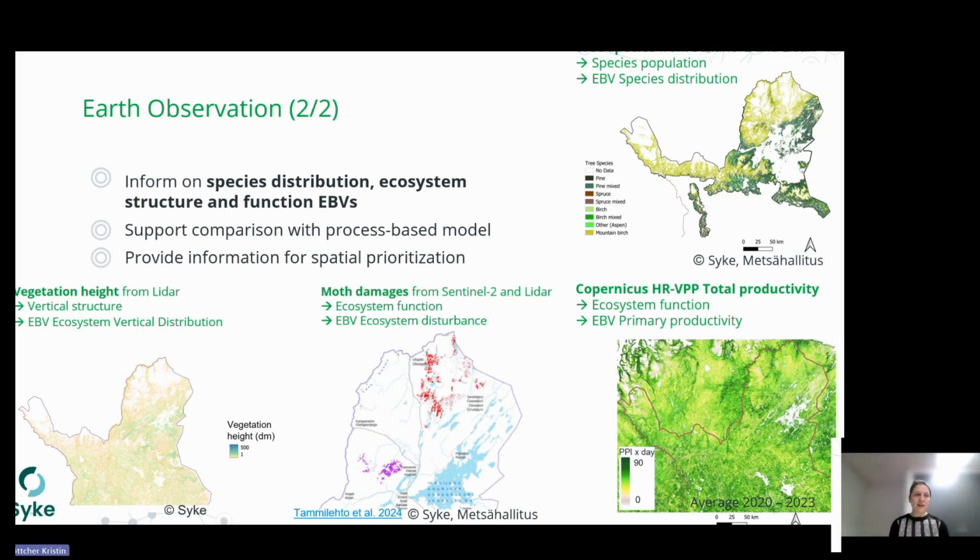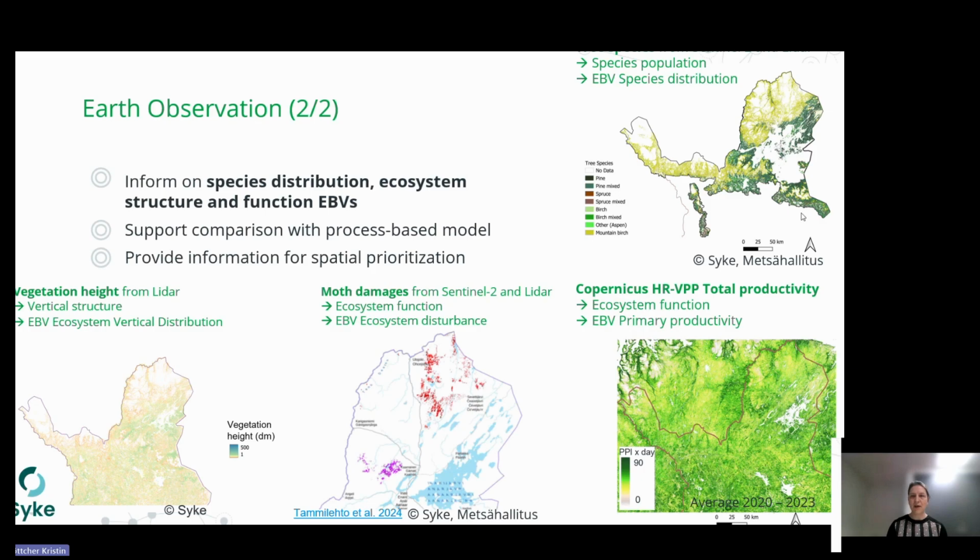I show here examples for vegetation height from LiDAR that supports the ecosystem vertical distribution EBV. Then we have moth damages from Sentinel-2 and LiDAR data that provides information on ecosystem disturbances, and then tree species distribution from Sentinel-2 and LiDAR data. We don't look only into national data sources, but we also try to utilize these Copernicus services.